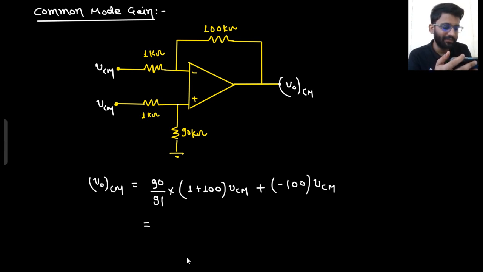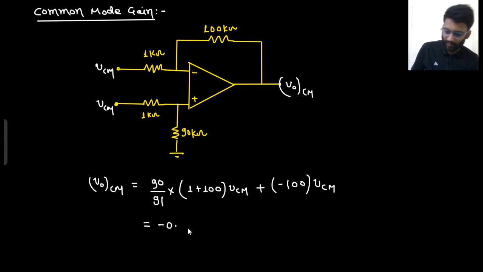Again, let me check. 90 by 91 into 101 minus 100. Okay, you will get negative only. Minus 0.109. This is your V naught CM into VCM.